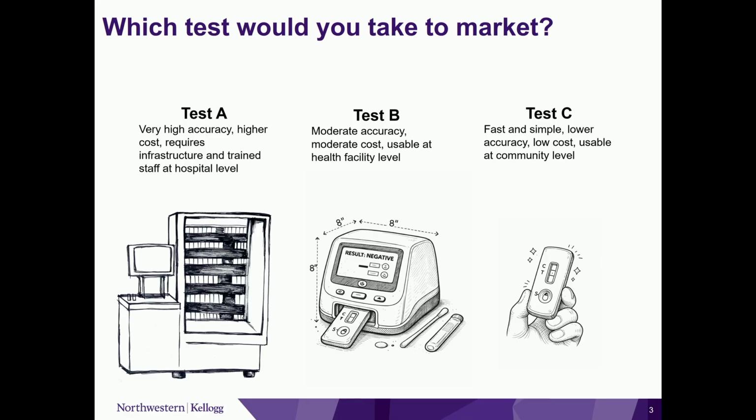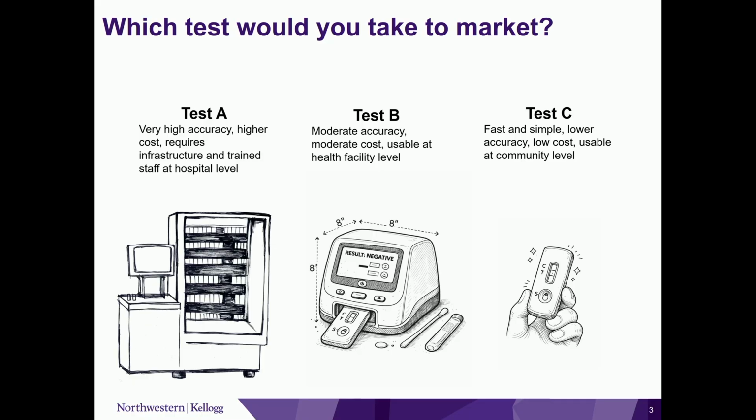You have been given the opportunity to choose between 3 tests that you can launch in a low resource environment. Test A is a big laboratory instrument that has extremely high accuracy, has a high capital cost, but actually very low ongoing consumable costs on a per test basis.